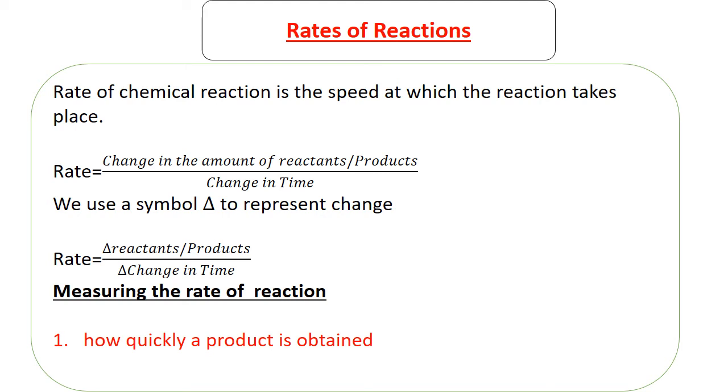So now we can be measuring how fast that product is being made, or we can measure how fast reactants are used up. Since in a reaction, the reactants are going to be used up to form products, depending on the type of reactants and the type of product, maybe we can concentrate on measuring how quickly the reactant is going to be used up.